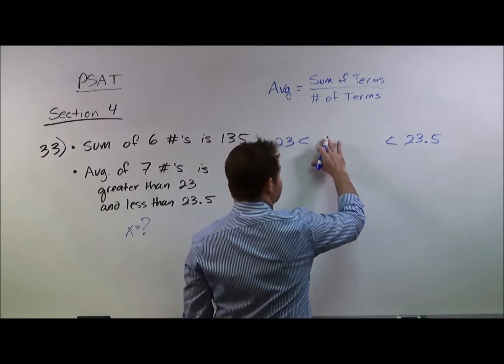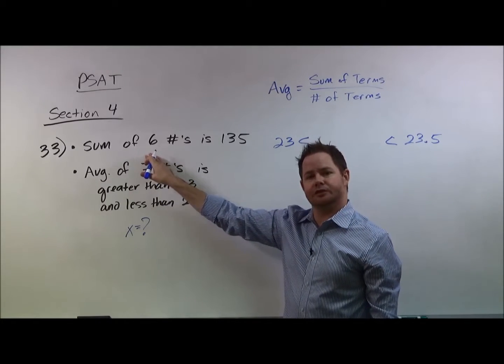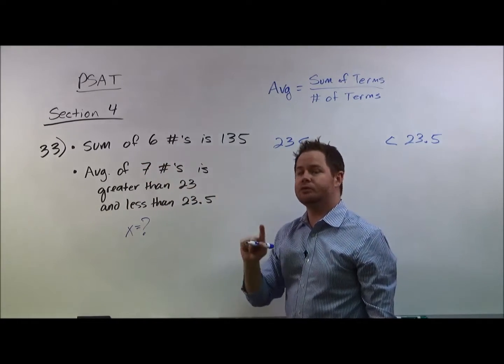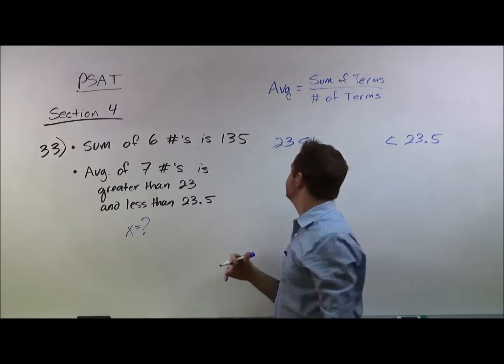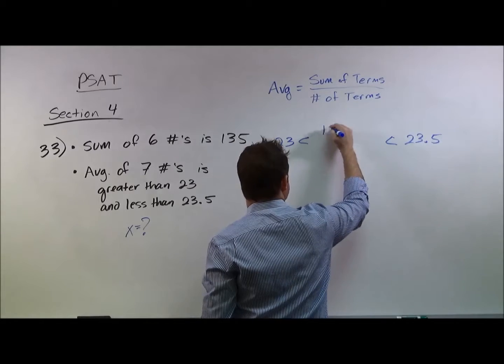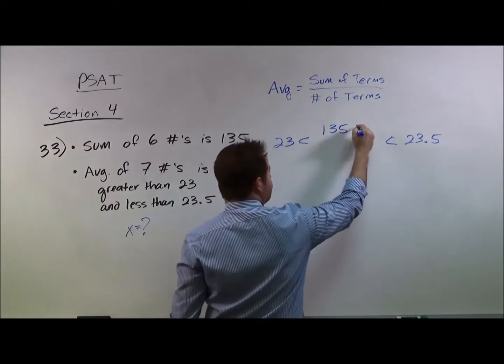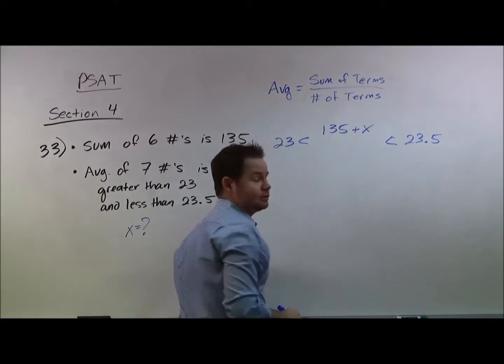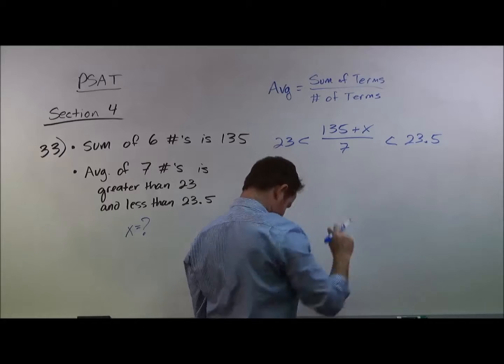We don't know what each of the first 6 terms is, but we do know that the sum of all of them comes out to 135. So for finding the average of the 7 terms, it's the sum of those first 6 terms plus our value for x, which we don't know. And we're going to divide that by 7.